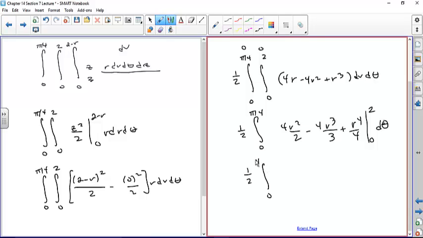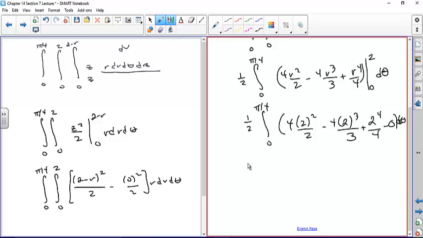And now we'll plug the numbers in. We're just going to get a number here. So we're going to have 4 times 2 squared over 2 minus 4 times 2 cubed over 3 plus 2 to the 4th over 4. And you plug in 0 and you get 0. So I'm just going to put that on there times d theta. So we get 1/2 the integral from 0 to pi over 4.